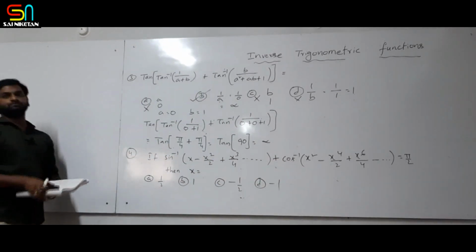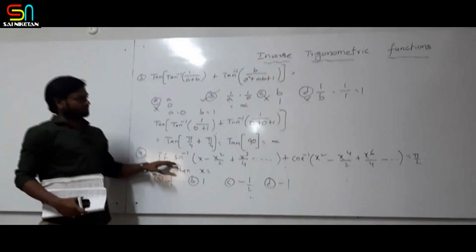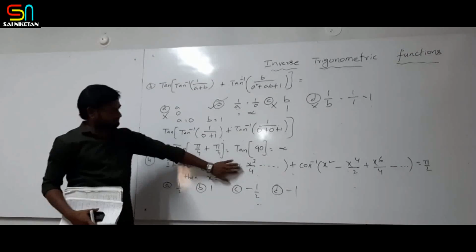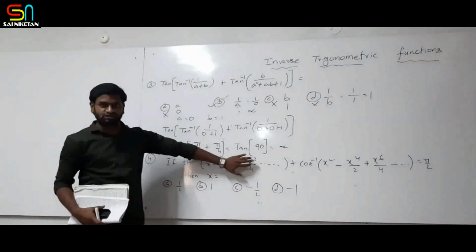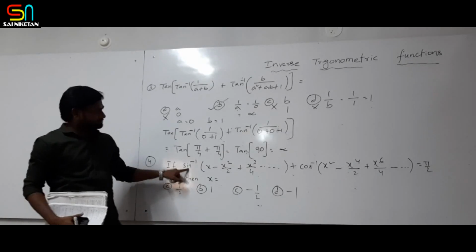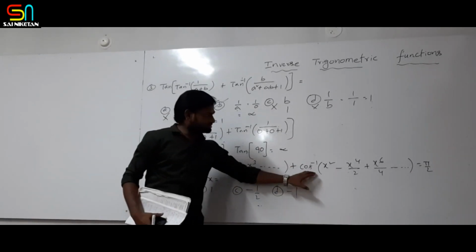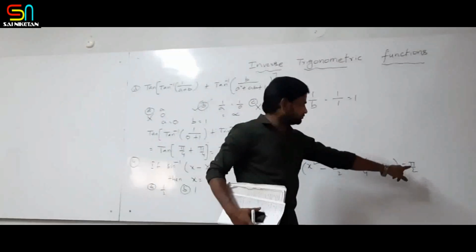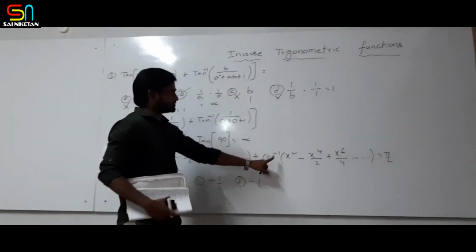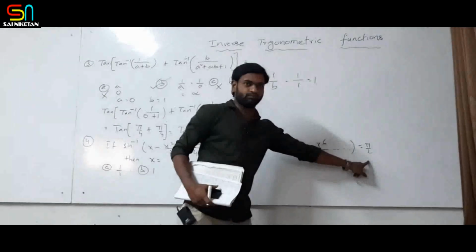Now come to this one. Already we have one formula. Which formula can you remember by seeing this one? Remove the inside function, leave that one, and first see this. Sin inverse plus cos inverse is equal to pi by 2. In which form is it? Sin inverse x plus cos inverse x equal to pi by 2.